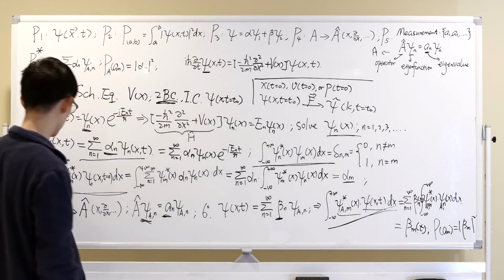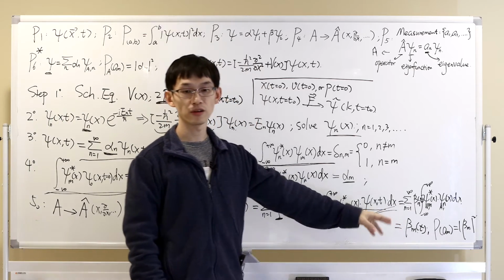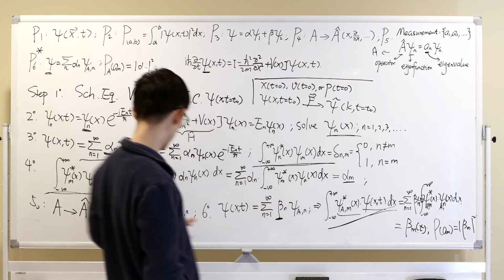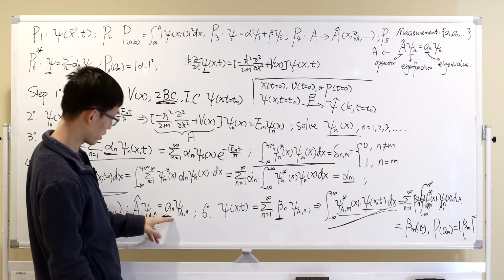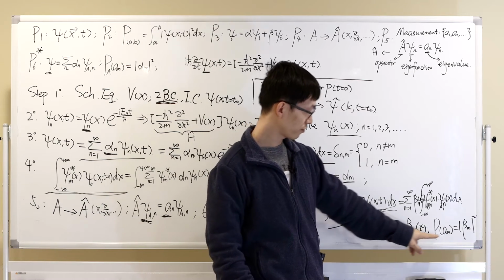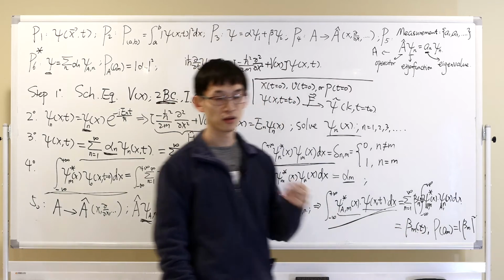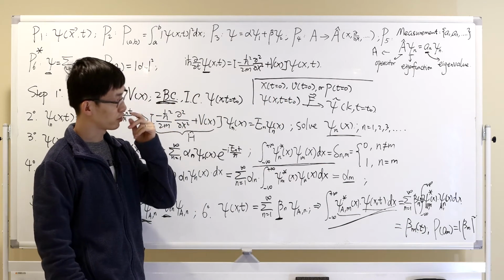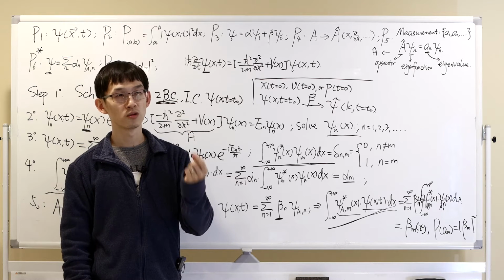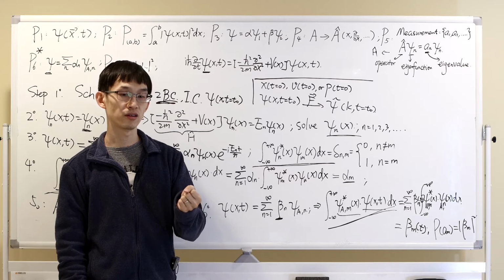so now after step 5 and 6, you can predict the probability of measuring A, what result you will get, the eigenvalues, and what probability you will have to get result am at time t. All is very good. A question I want to pose here is: what would the wave function become immediately after the measurement?